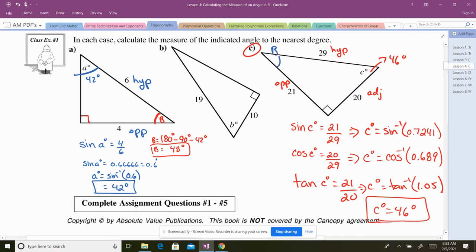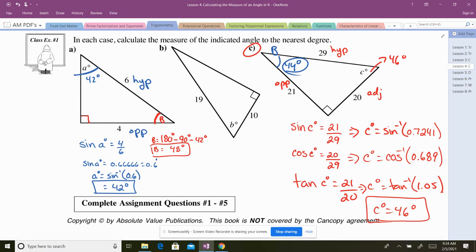Call it B. B is equal to 44. 180 minus 90 minus 46 gives you 44.